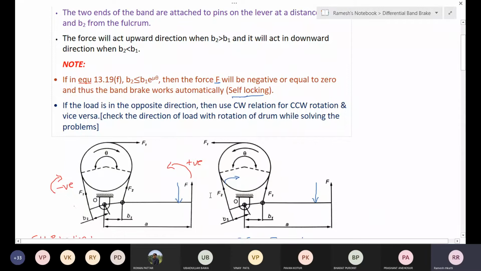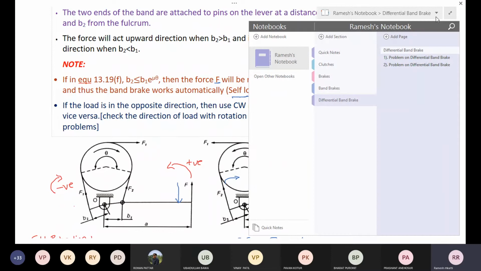This is F1, F2. When the drum is rotating in clockwise direction, this will be the tight side and this will be the slack side. F1 is the tension in the tight side and F2 is the tension in the slack side. You need to see the figure carefully, then you will understand that.